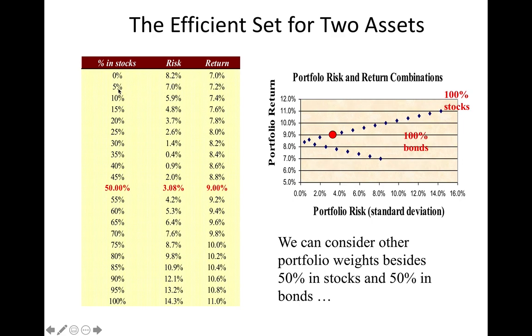Now, even as we put 5% in stocks and therefore 95% in bonds, our risk drops and then our return actually increases. So here it obviously means that 95% in bonds and 5% in stocks is way better than a complete investment in bonds.